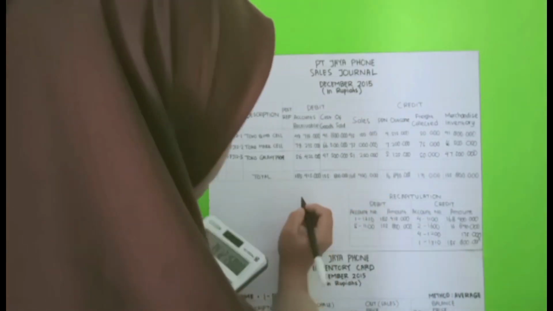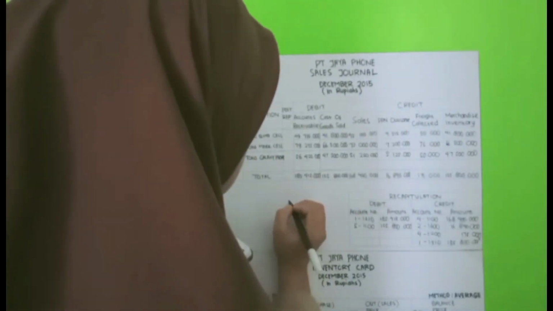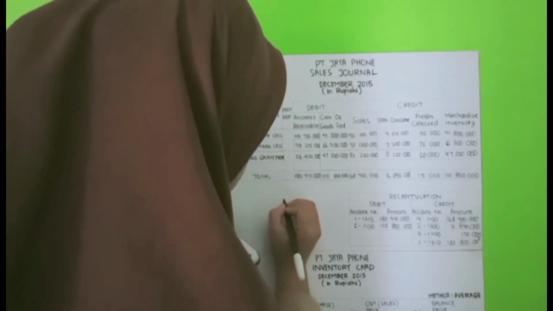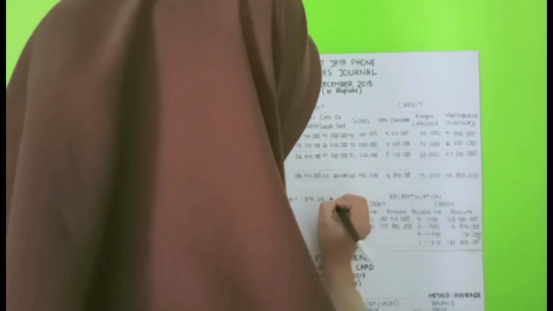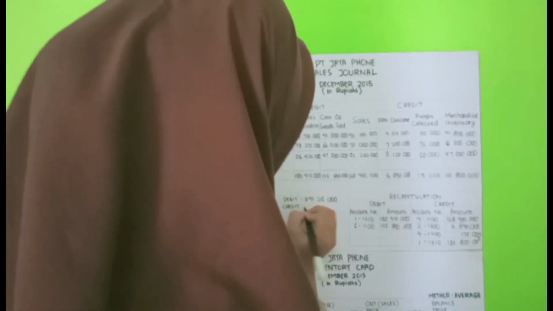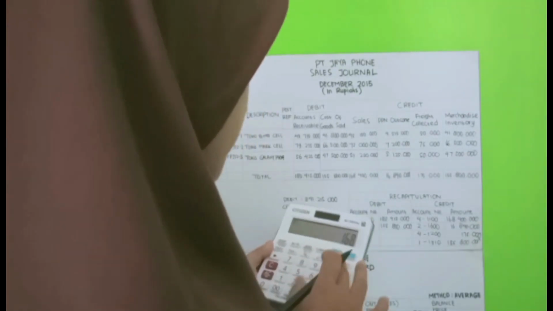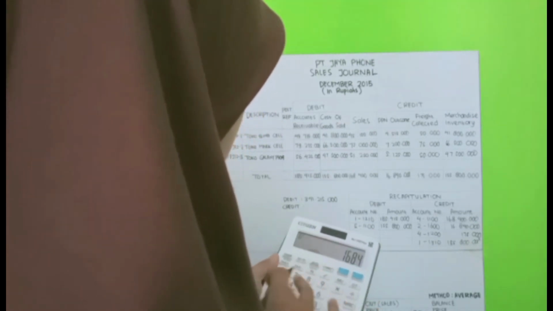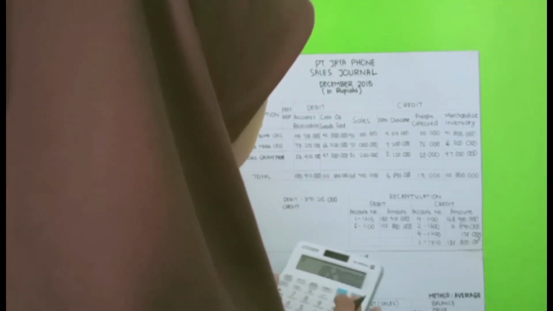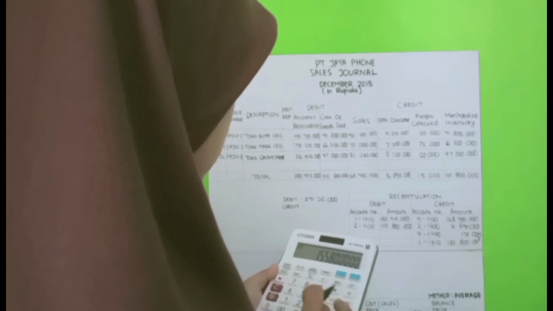For the total, I write here. For the debit, it is 215,000 rupiah. And for credit, the total is the same.